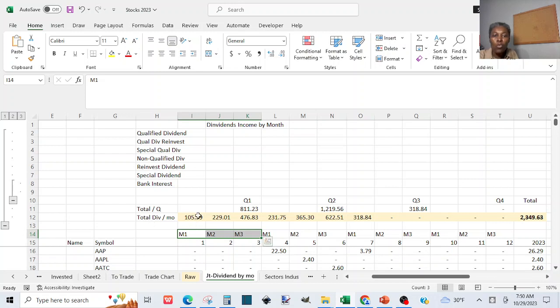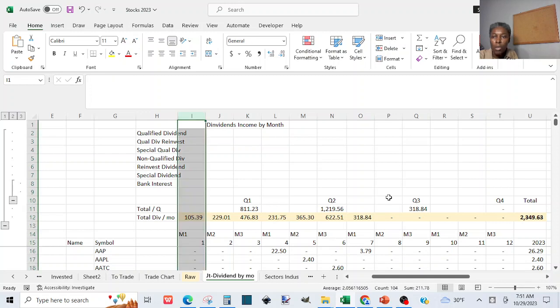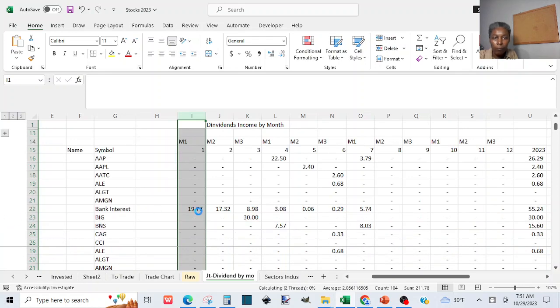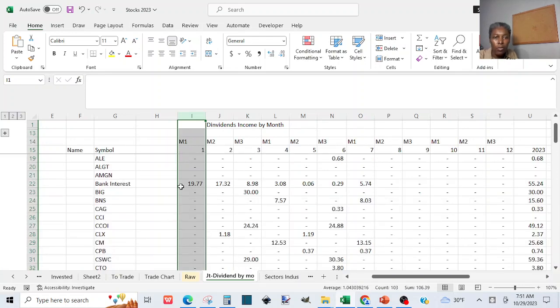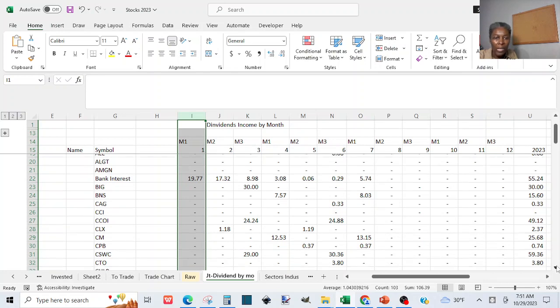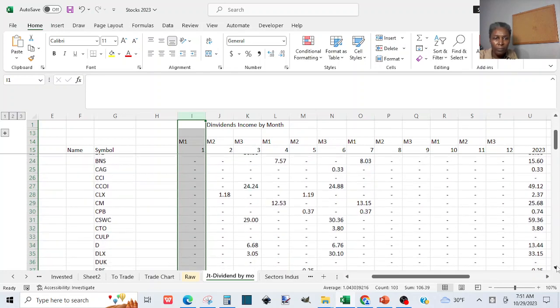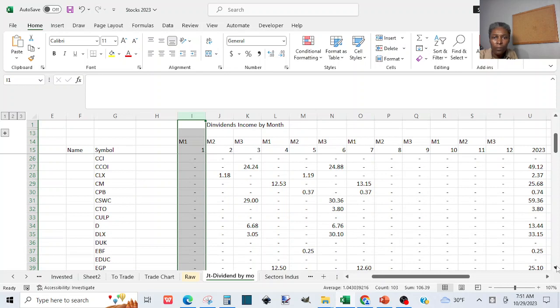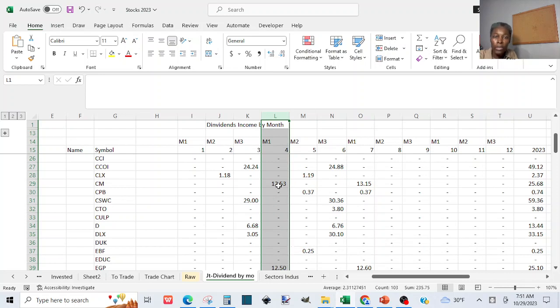So now you look at the quarter and see which month you made the least amount, and then see what companies pay you during that month, that first month of the quarter, for instance. And then you check those companies to see how they are doing now in the market.